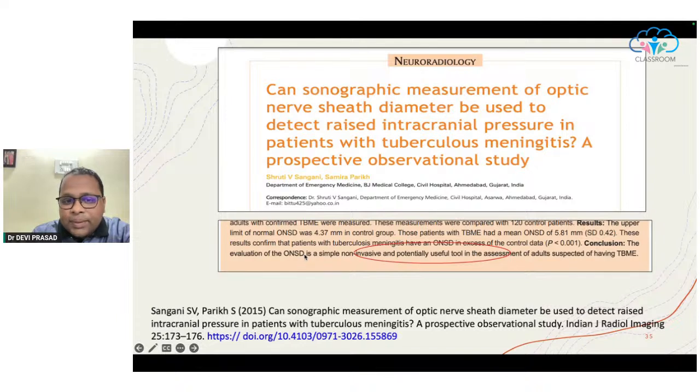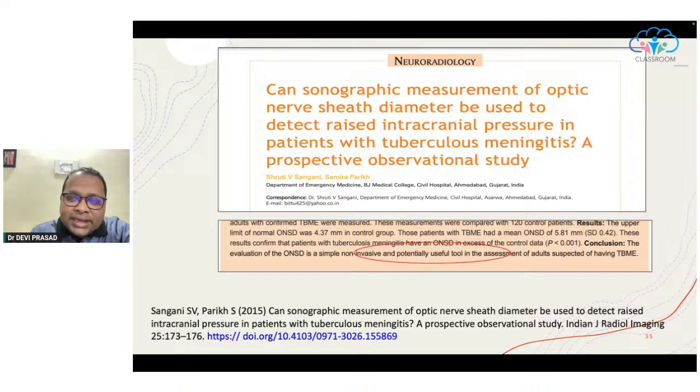These results confirm that patients with tuberculous meningitis have an ONSD in excess of the control data. The evaluation of ONSD is a simple, non-invasive, potentially useful tool in the assessment of adults suspected of having TBM.